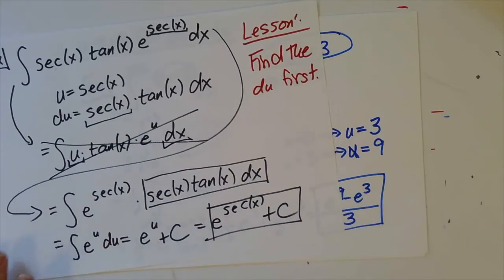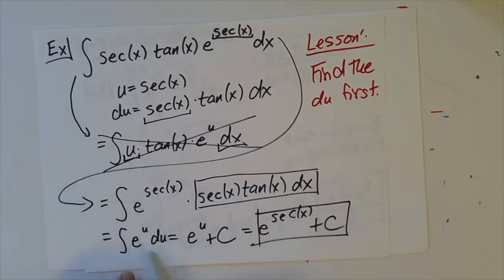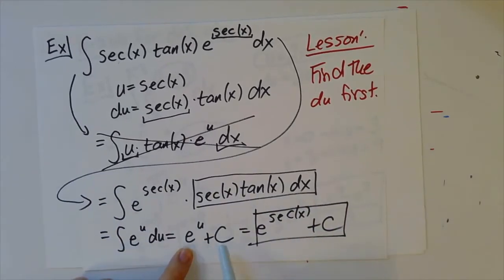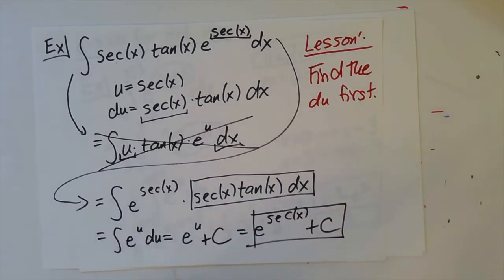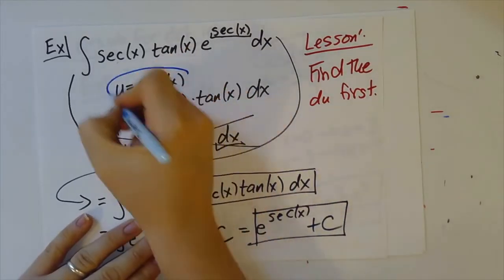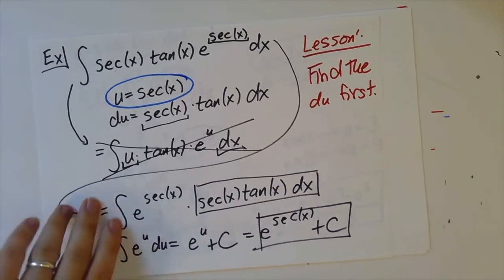So if you look at this example from earlier, you'll see that at the end, the last thing we had to do is say, okay, well, we had an e to the u plus c here, and so that was e to the secant of x plus c by translating back using this step. Okay, here we did not have to do that at all.